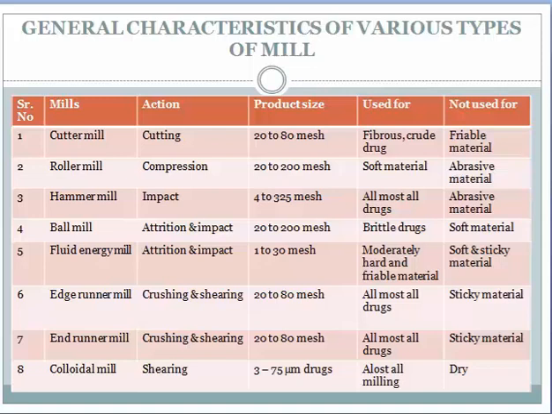Again, they produce 20 to 80 mesh sizes. Although almost all the drugs can be used in edge and end runner mill, they are still limited for sticky material. Lastly, in case of colloidal mill, shearing forces are applied, producing a size of 3 to 75 micron. It is also useful for almost all the drugs and it is limited for dry material.